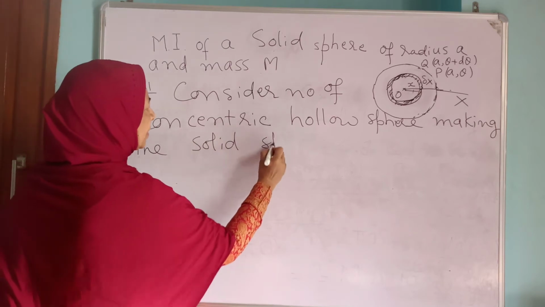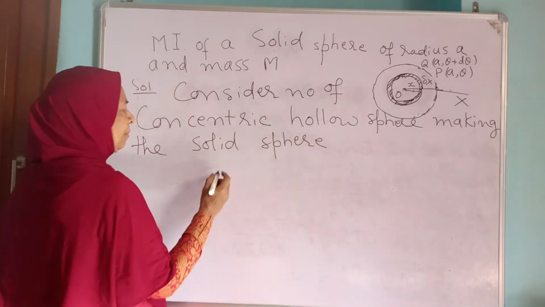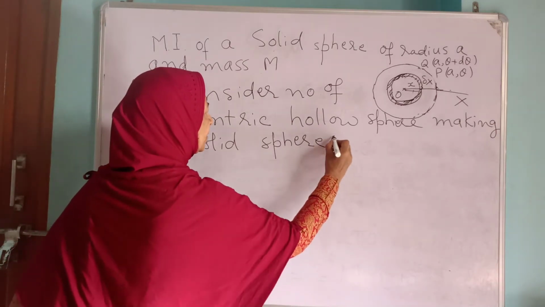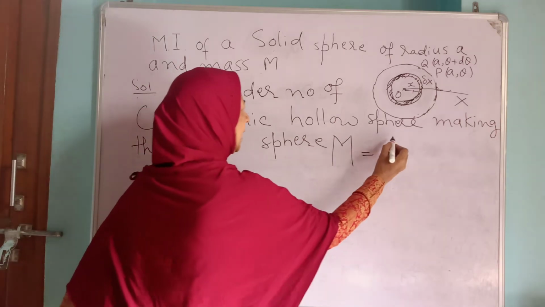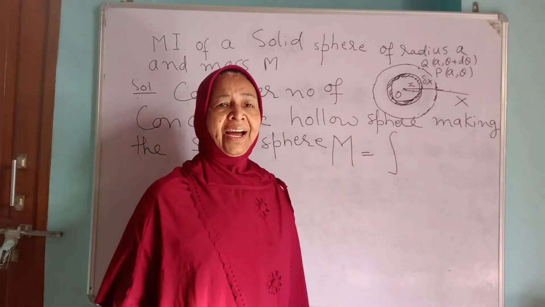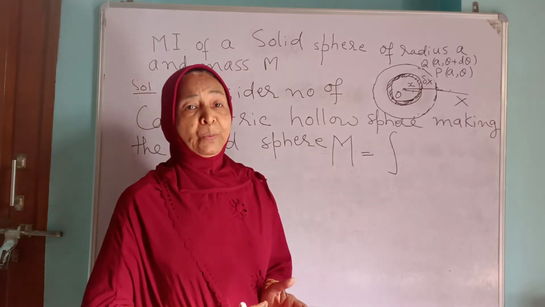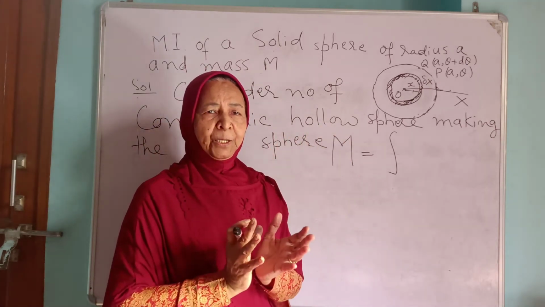So what happens? Start our procedure. The total mass of the solid sphere, how will it be? It will be obtained by integrating the volume, because it is a three-dimensional figure.